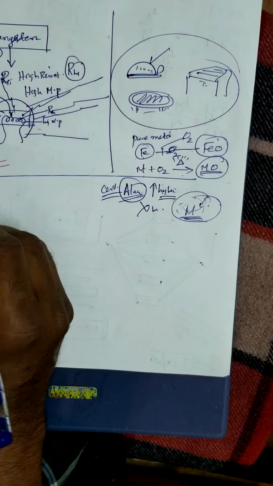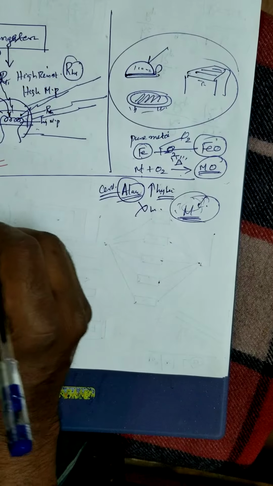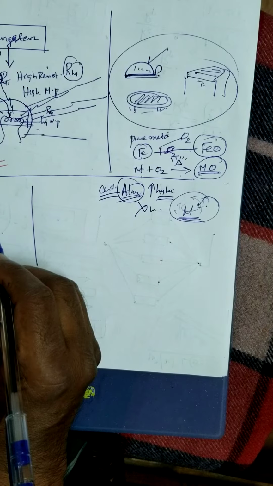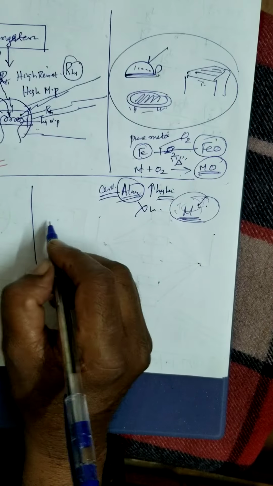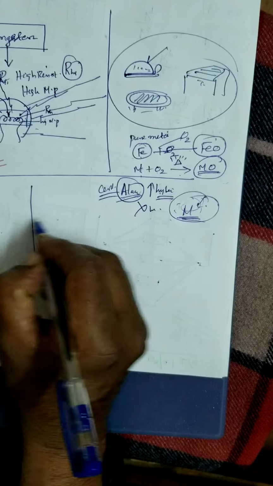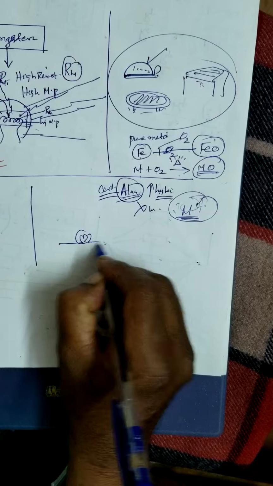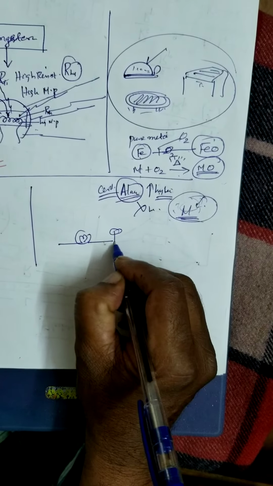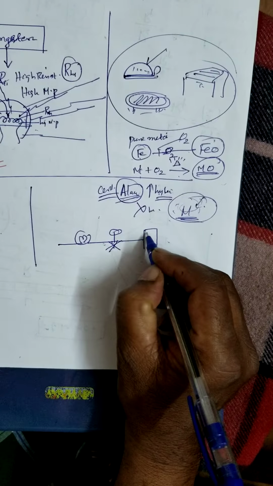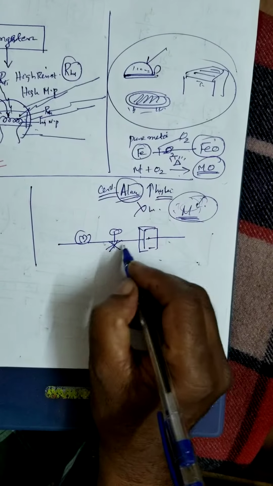Another question they normally ask is why, in household domestic circuits, we use parallel connections rather than series connections. Suppose I have a bulb, a fan and a fridge, everything connected in series.